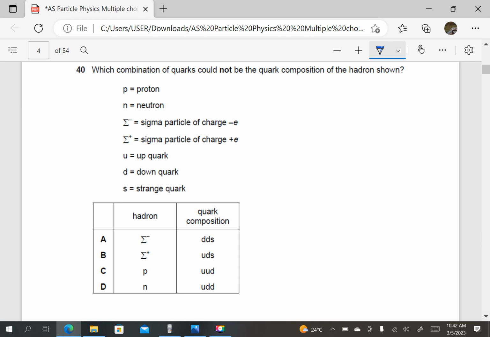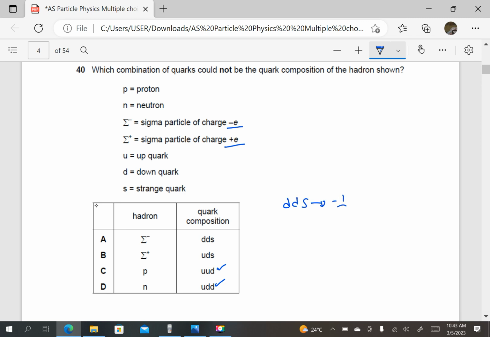Of course, we know for the proton, this is fine. For the neutron, that is fine. All that we need to check is the sigma, because the charges have been given, negative e, positive e. So let's check down, down, strange.